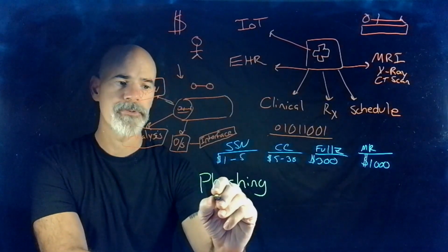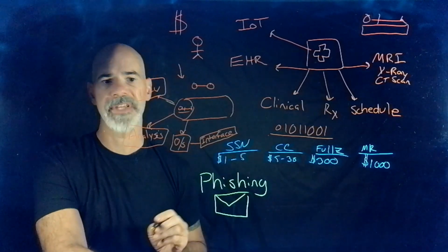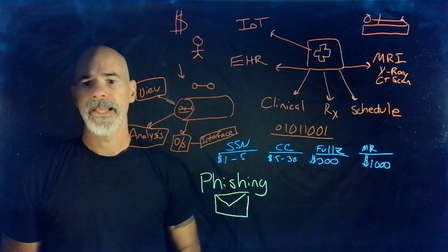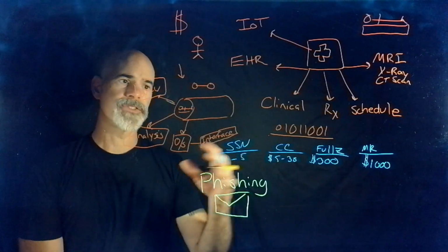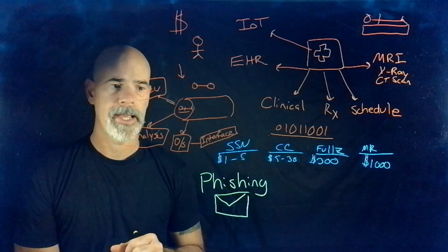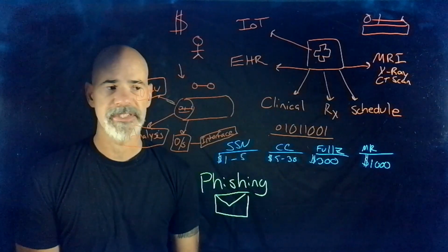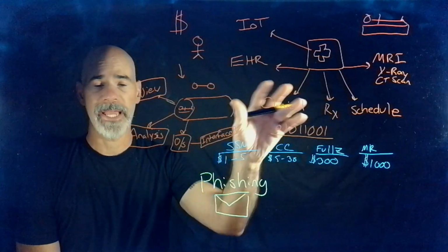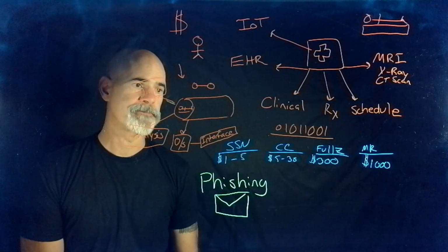If you're not familiar, phishing attacks are essentially a bad actor sending an email to an individual, getting them to click on a link or something like that. And because there's a lot of information in here that can be used to better tailor a phishing email, these have a higher rate of success against not just patients, but also individuals that work within the healthcare space.